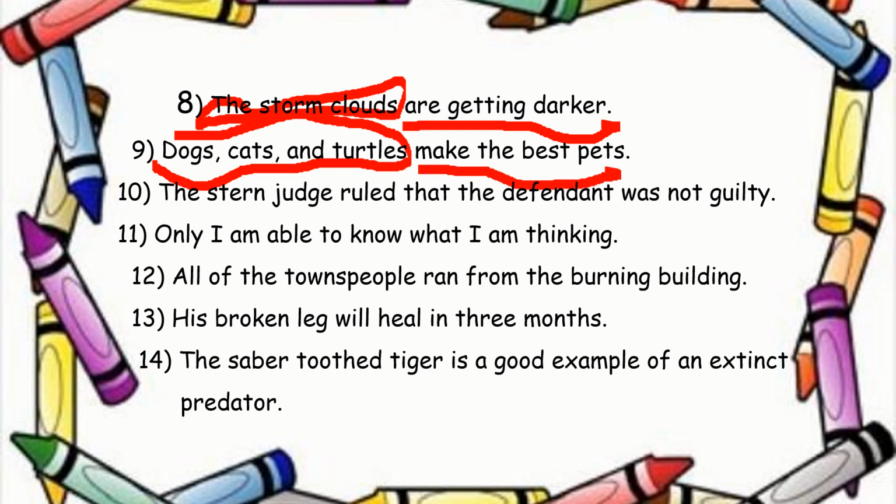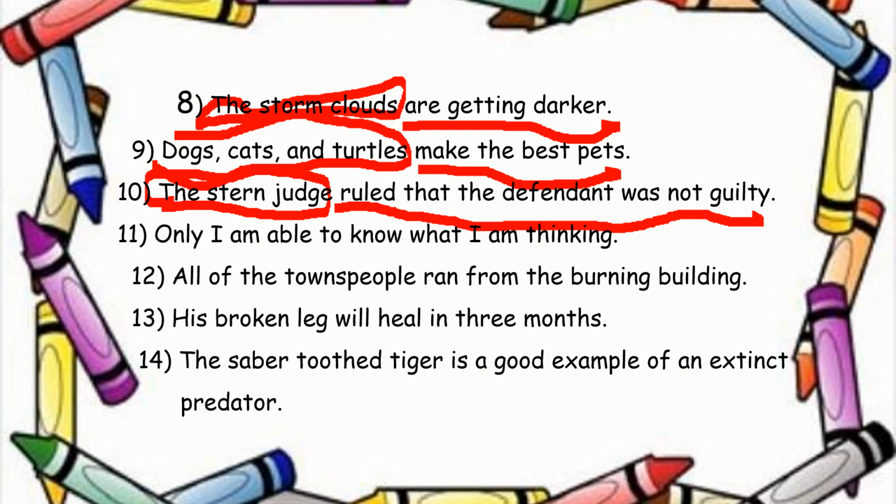The stern judge ruled that the defendant was not guilty. Here the stern judge is the subject and ruled that the defendant was not guilty is the predicate. Only I am able to know what I am thinking. Only I is the subject and am able to know what I am thinking is the predicate.